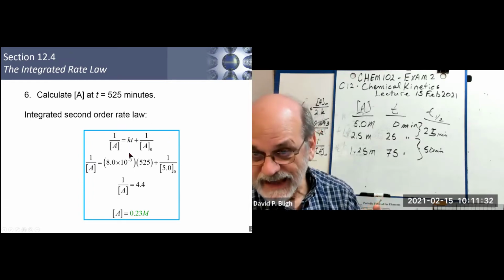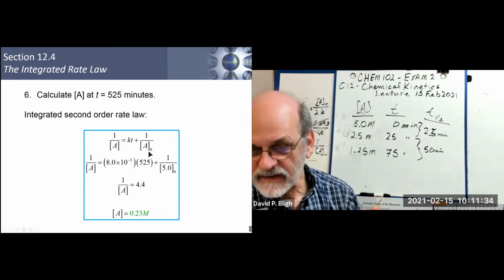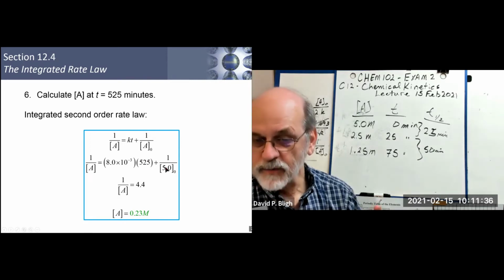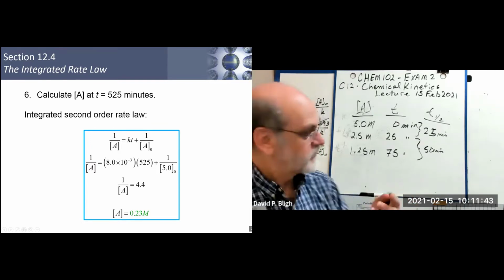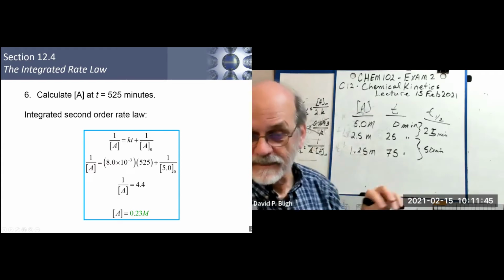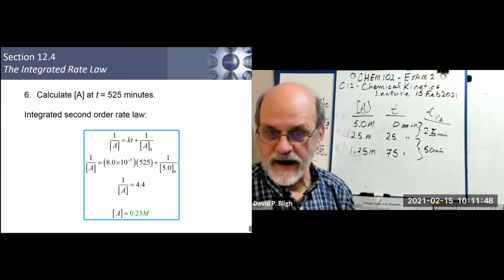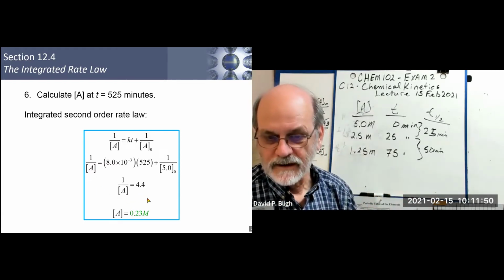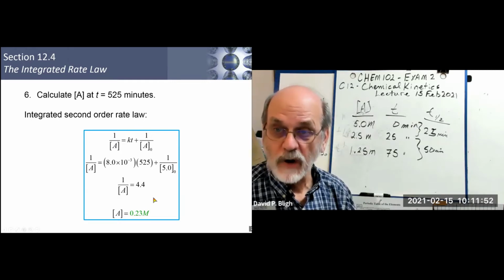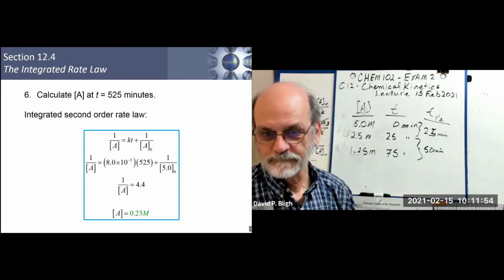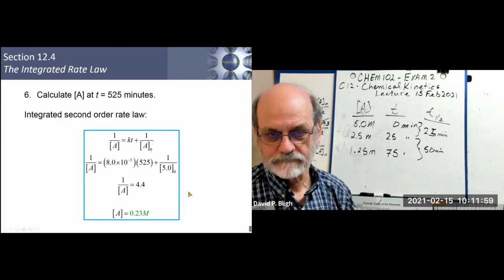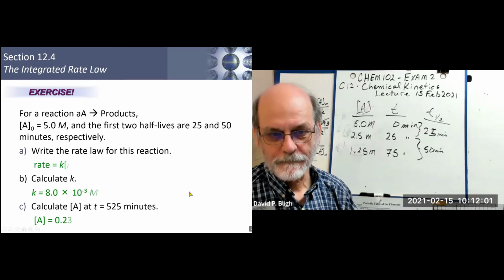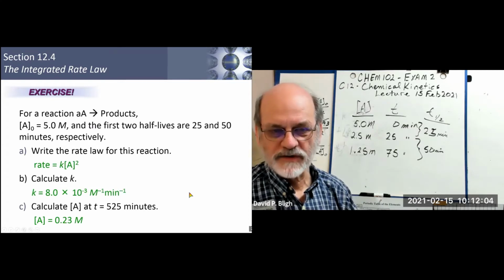And here we plug in the K, we plug in the time, and we plug in the initial concentration, right? 5, after 525 minutes total, and then solve for the final concentration. And it turns out it's 0.23 molar. Okay? And there it is on one slide.